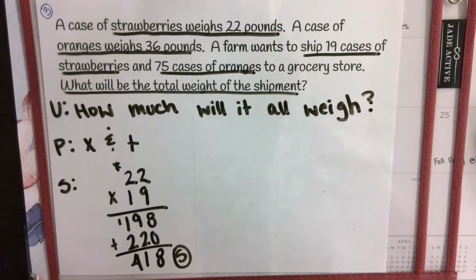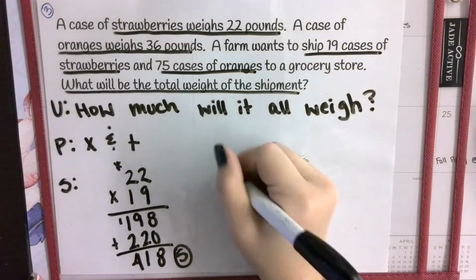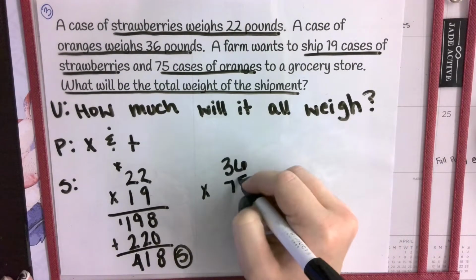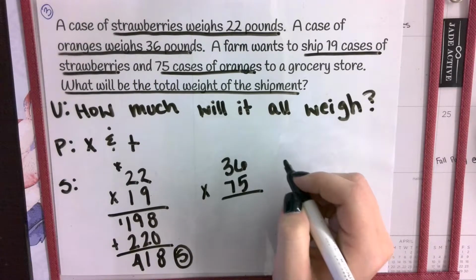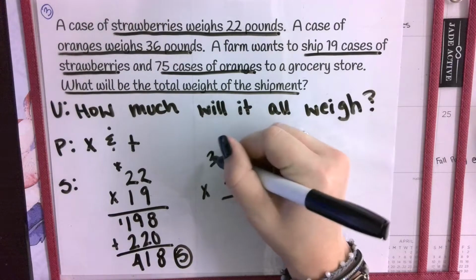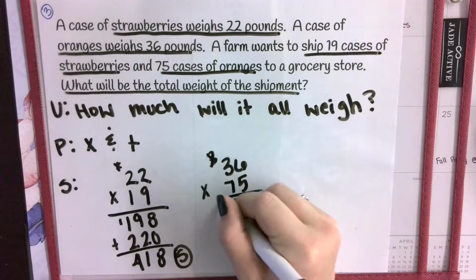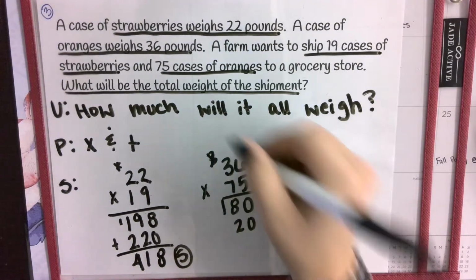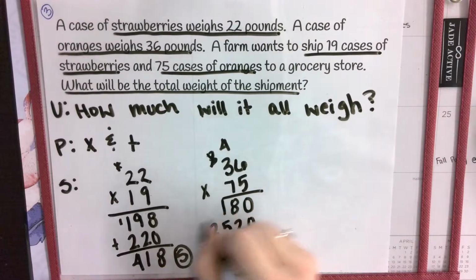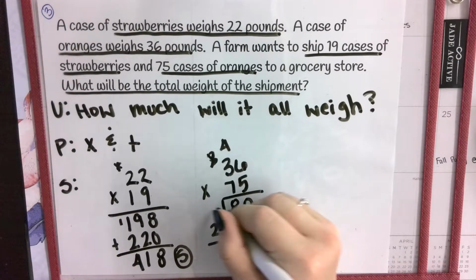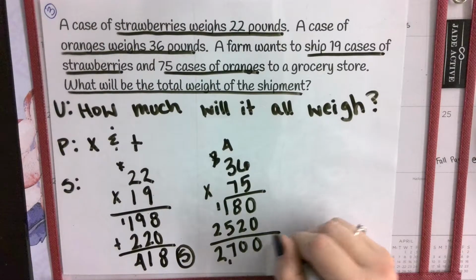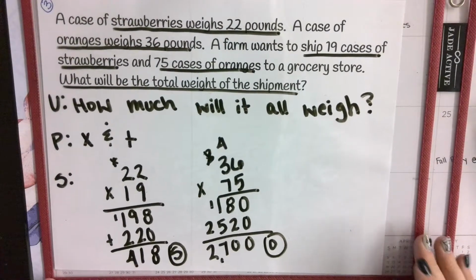Then they're going to do the oranges, which is going to be 36 times 75. Okay, so then the oranges weigh 2,070.